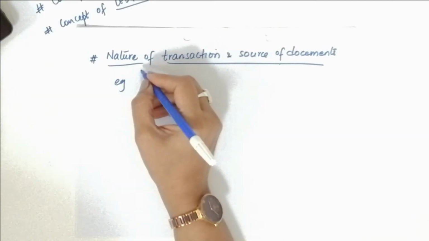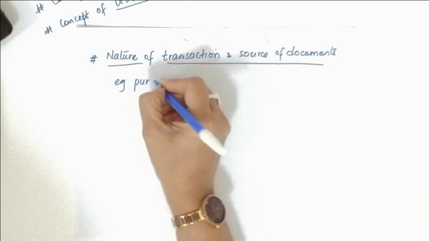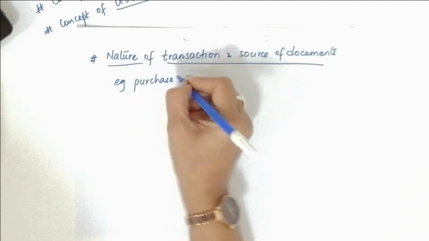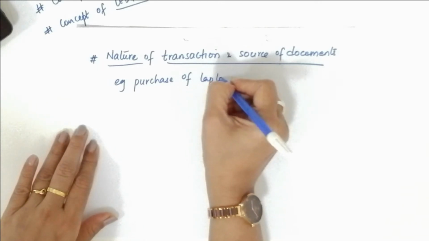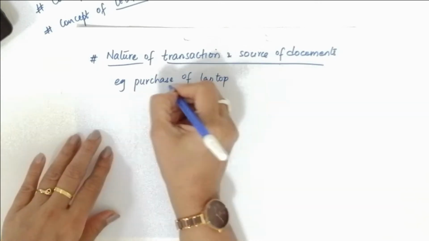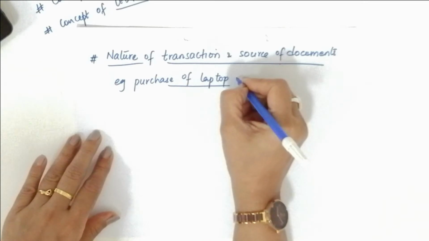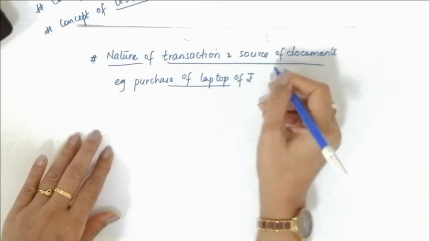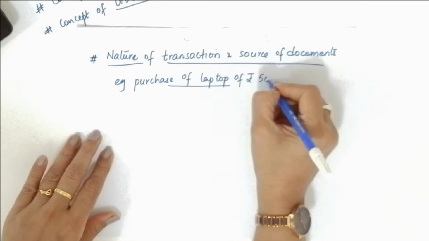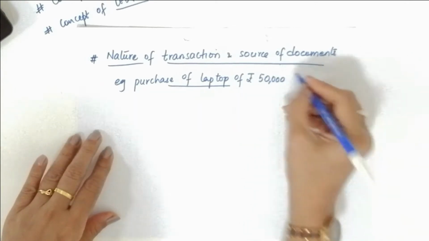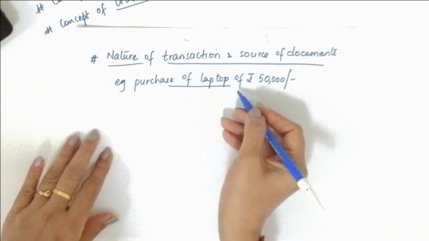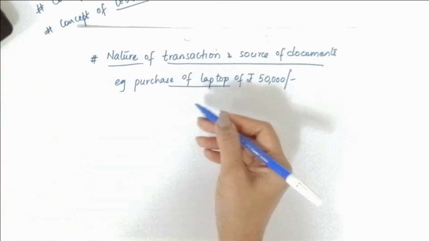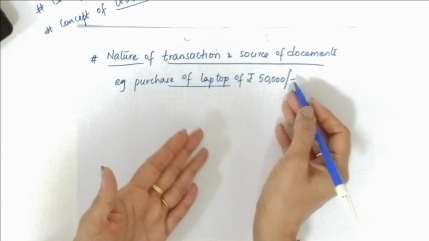So what we have to do is, for example, purchase of, let's say, what example can I give? Okay, this is very easy. Purchase of laptop, right? So if I buy a laptop worth rupees 50,000, what am I doing here? How would the company know that this laptop was bought?